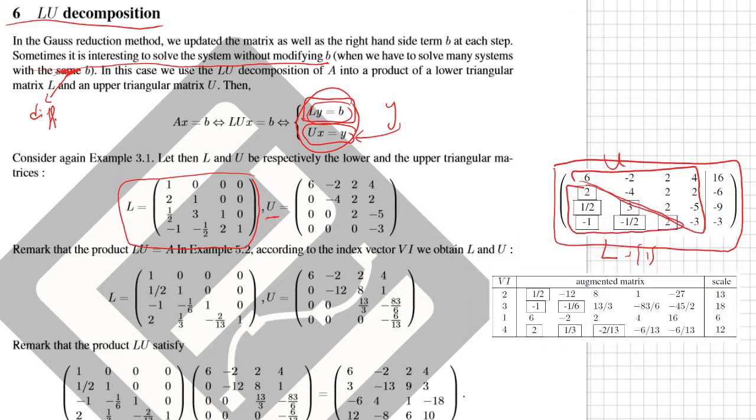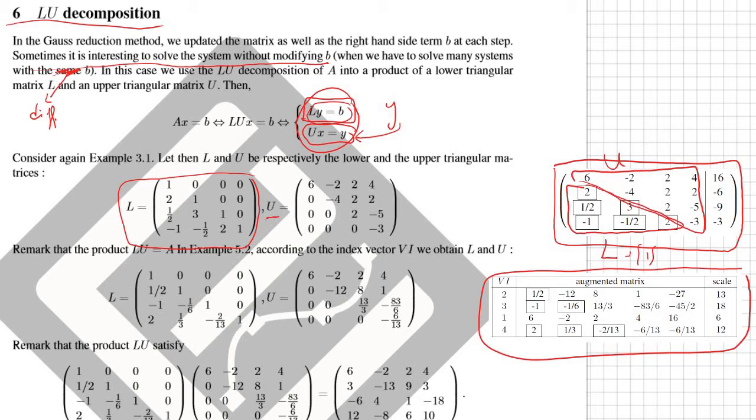Let me consider, for example, the second example we did also. I obtained this augmented matrix. It's all the same thing: I will take the coefficients to construct the lower part, and the upper triangular matrix to construct the upper part, the matrix U. But of course, I will consider the coefficients in the order in which they should be, because this was a method with pivoting, so I changed the place of the rows.